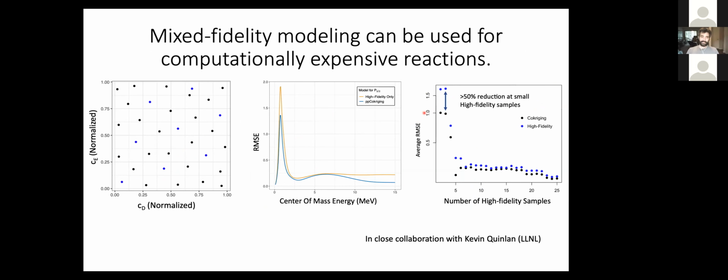However, like I said, this is computationally expensive. So what I showed before had about 80 calculations in it. And neutron scattering on alpha, sure, it's computationally difficult, but it's not the end of the world. We have calculations, though, that take days, and it's not realistically feasible to do high fidelity calculations for those 80 points, for example.